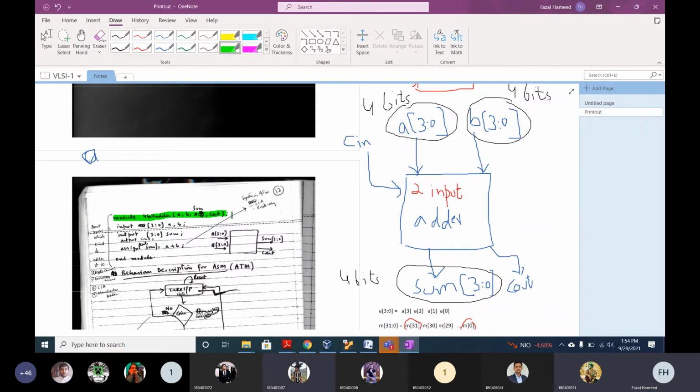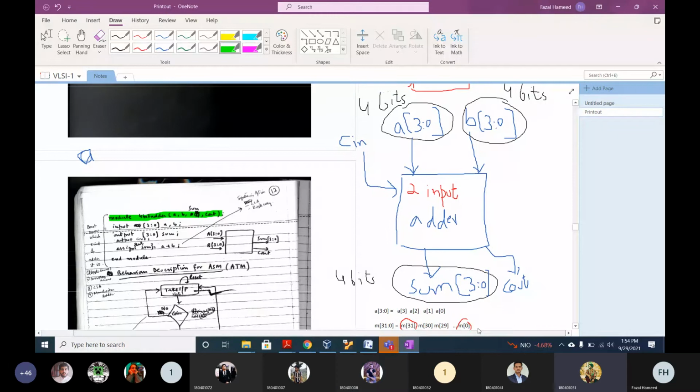Yes, sir. But he got confused. In C++ also there is C in and C out. No, this is not C++. We are not studying any C++. You can also call it carry in and carry out, right? Yes sir. Okay.